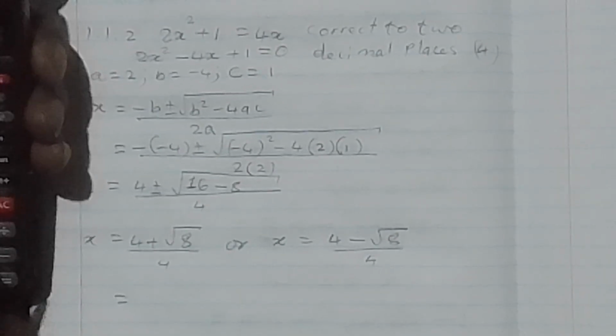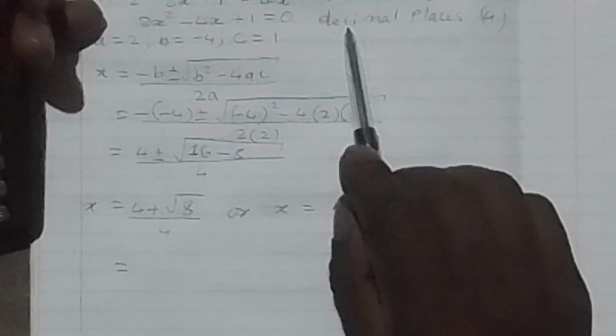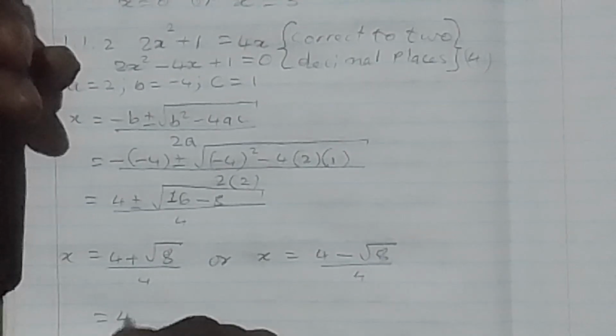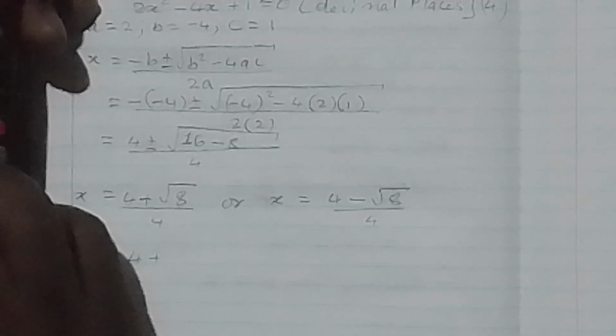Then you grab your calculator to find the square root of 8. The square root of 8 is 2,82. Now you start to take this into consideration. Once you don't follow this instruction, you won't get marks, because they say correct to 2 decimal places. You say 4 plus the square root of 8 is 2,828.